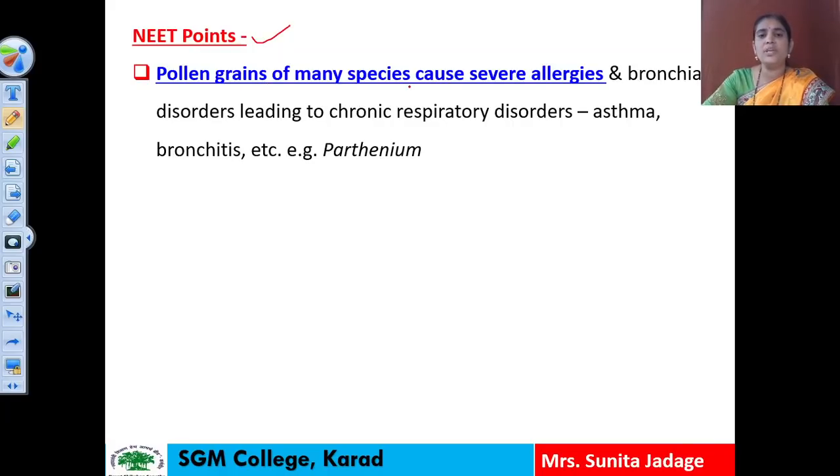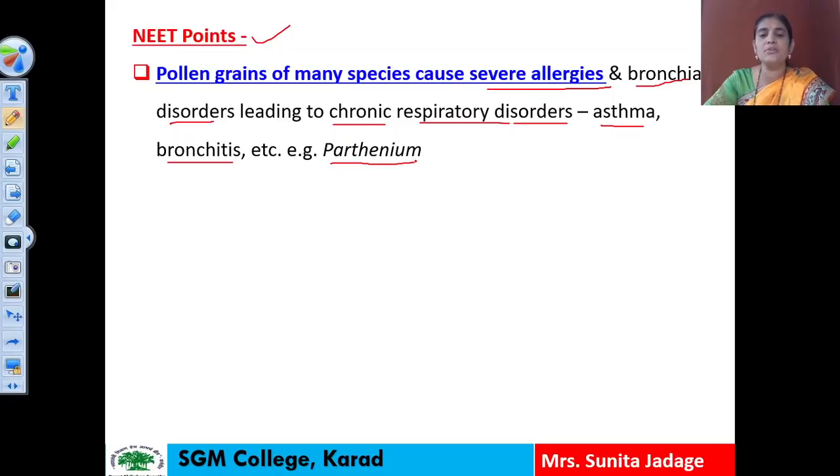The pollen grains of many species are causing severe allergies, because these pollen grains are showing some disorders which are related to our respiratory system, and these disorders are known as bronchial disorders or chronic respiratory disorders, because these pollen grains are inhaled through the respiration mechanism inside our body, and the respiratory system is getting affected with the help of some pollen grains, and they are causing some disorders like asthma and bronchitis, particularly the pollen grains of Parthenium.